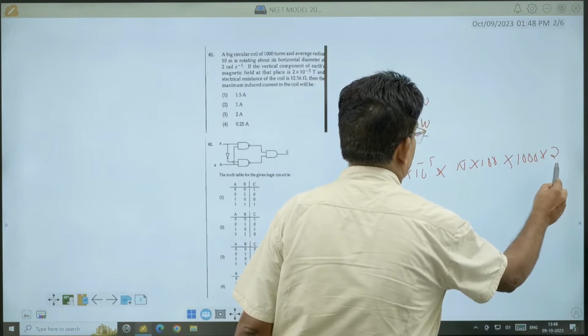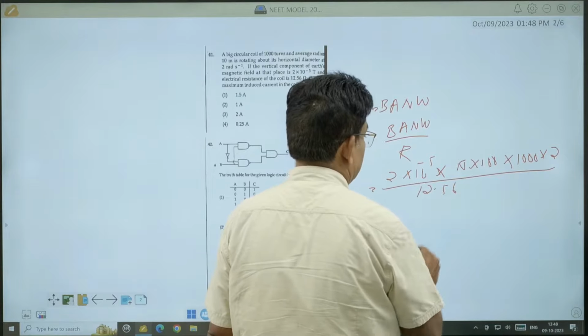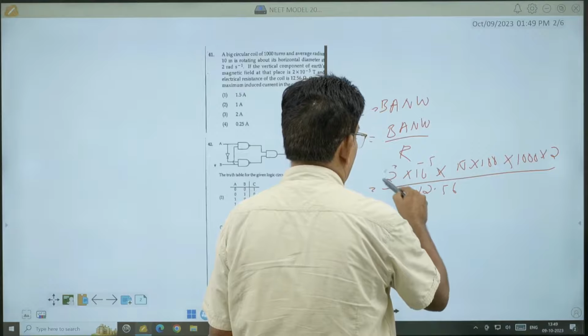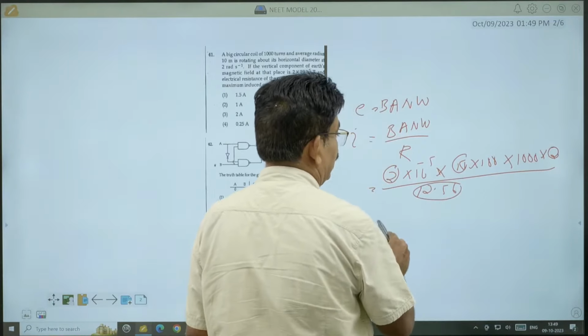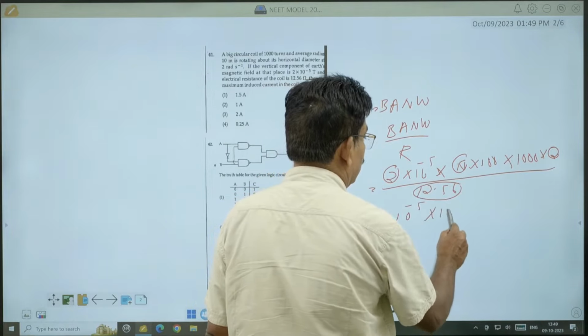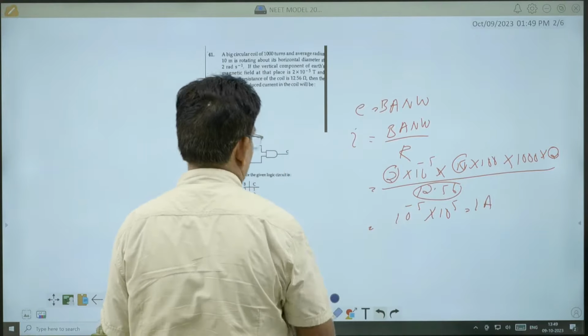Omega is directly given to you. Divided by resistance, which is 12.56. 2 into 2, 4. 4 pi will cancel with this. So what is left over? 10 to the power of minus 5 into 10 to the power of 5. That is 1 ampere. Answer is 2. Okay.